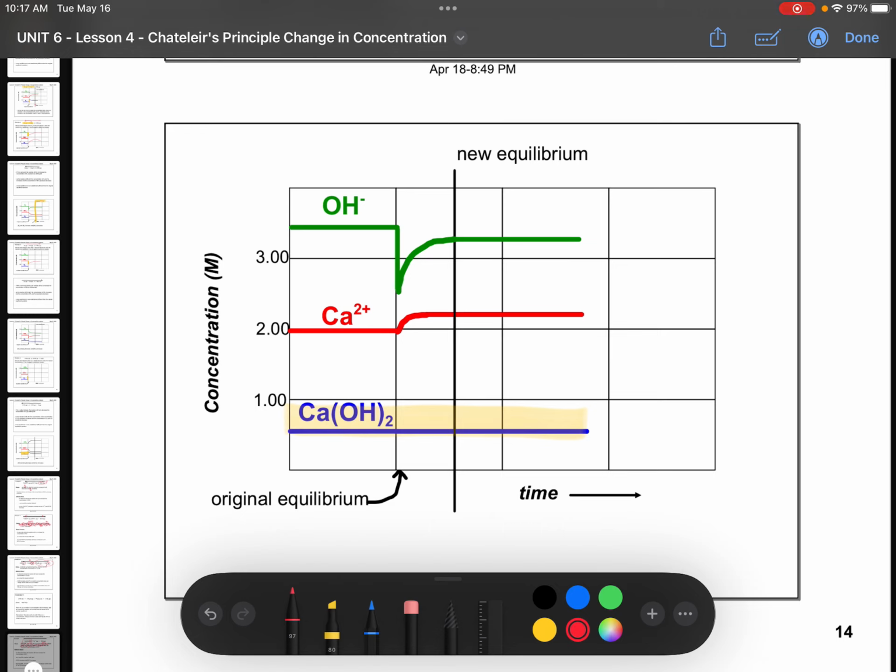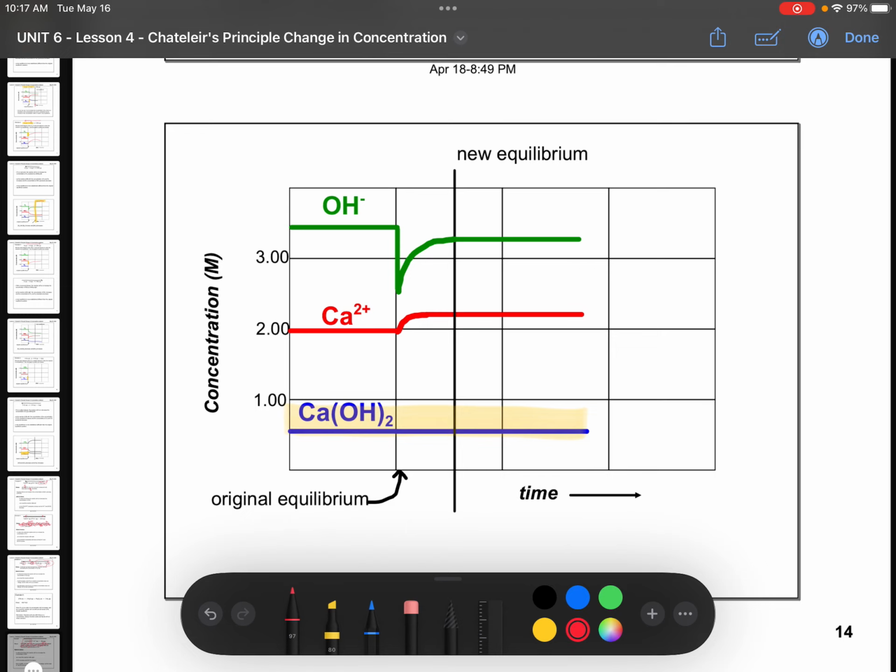Okay, so just understand if we have a reactant or product increasing or decreasing, what happens. If it increases, what direction does it shift in? What happens to our reactants and products? And understand that for solids, their concentration will not change, only their mass will change.